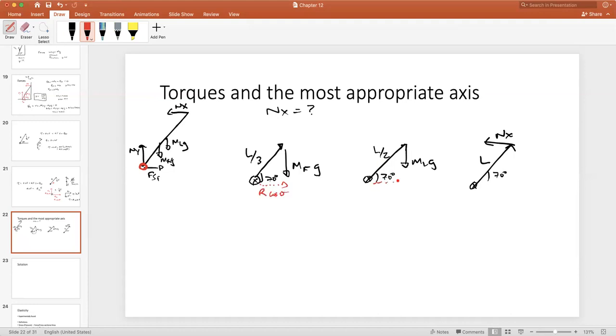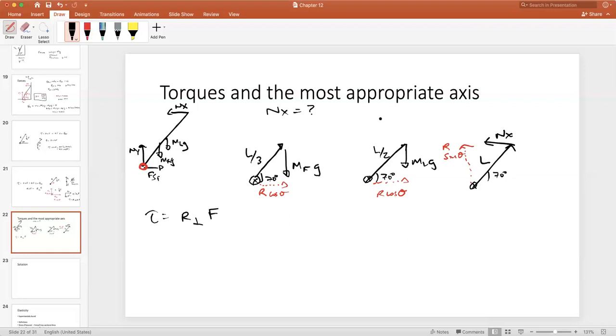Here again, it would be our R vector times cosine of theta. And here, it would be our R vector times sine of theta. Notice that this R cosine of theta would actually be parallel to Nx, so we don't want to use that part. We're trying, once again, to find the torque as R perpendicular to F.